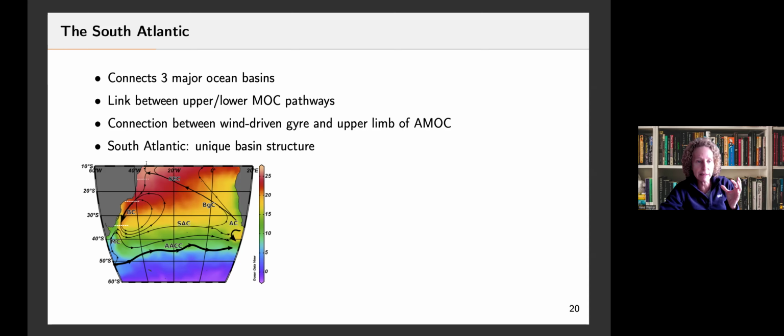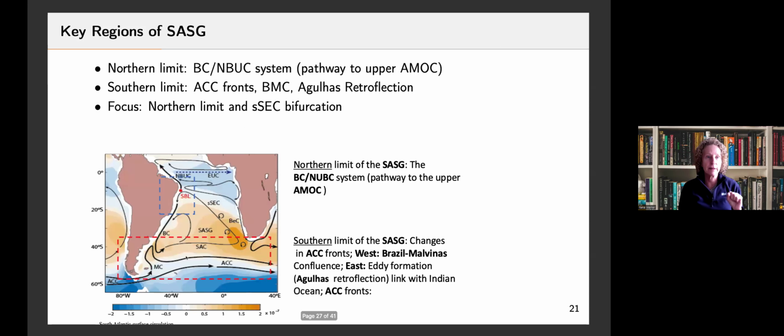This is the South Equatorial Current branch, and then we have the Agulhas current that comes from Africa, and we have a lot of eddies being shed, and this is the famous Antarctic Circumpolar Current, the ACC. It's circumpolar, which is really interesting. The circumpolar current connects all the ocean basins and is connected to the South Atlantic. So we have all these three important regions of the South Atlantic and the South Atlantic Gyre.